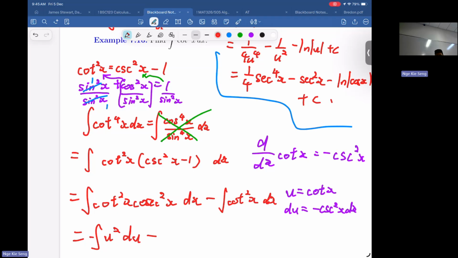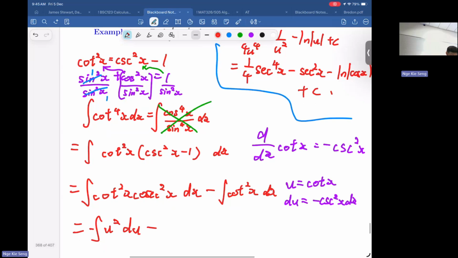Okay, but how about cotangent square x dx? I'm not sure what way you use. What I'm gonna use is I'm gonna use again the formula, become this.